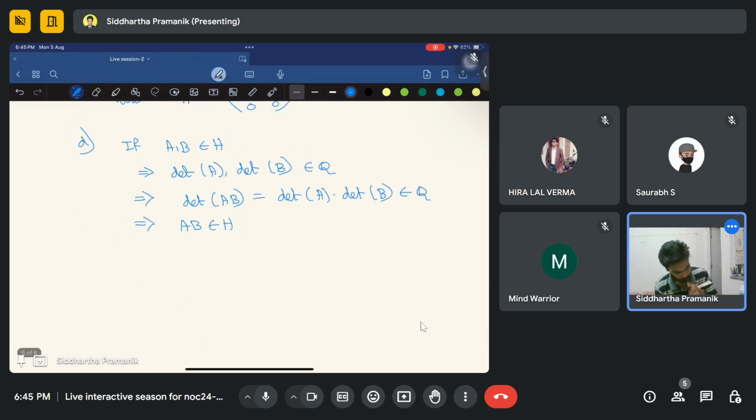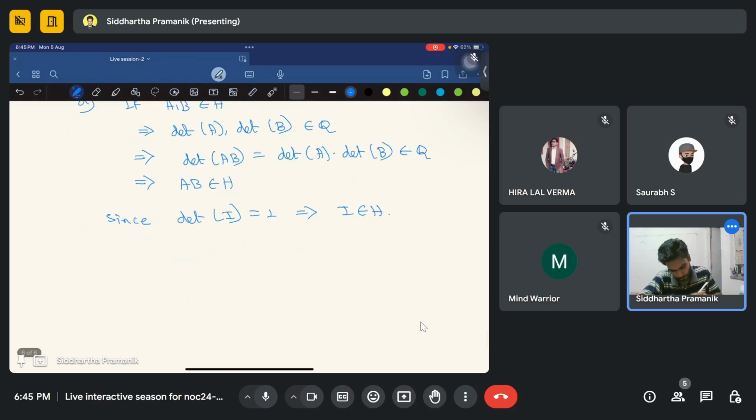Now, definitely the identity element belongs to H because its determinant is 1 here. And if A belongs to H, that will imply determinant of A belongs to the rational numbers. In fact, it is a non-zero rational number, right?